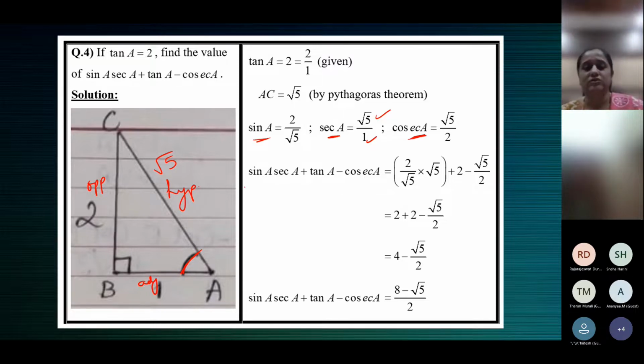So once you get all these values, take up the expression which is to be evaluated and substitute the values.